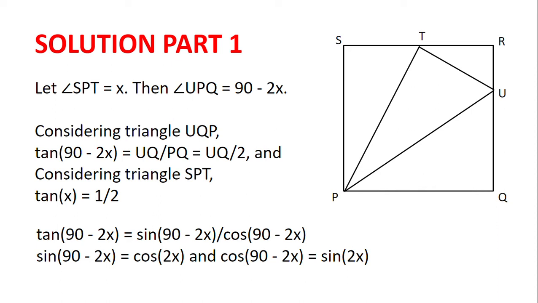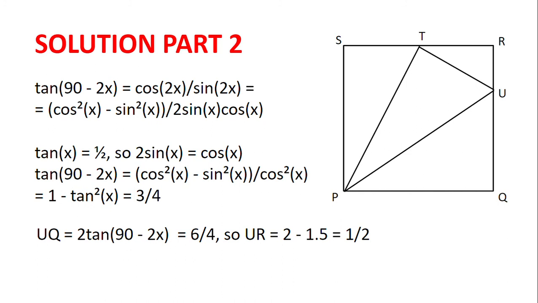Now tan of 90 minus 2x is sin of 90 minus 2x divided by cos of 90 minus 2x, and sin of 90 minus 2x is cos 2x, and cos of 90 minus 2x is sin 2x.